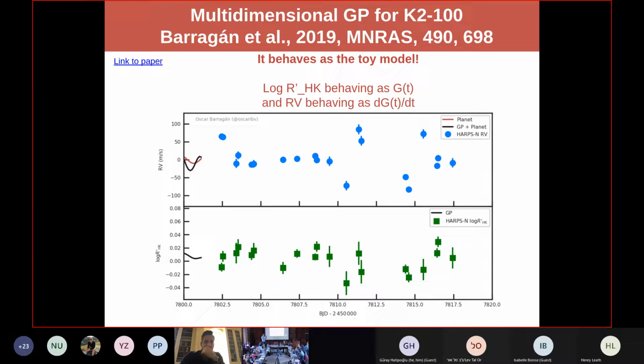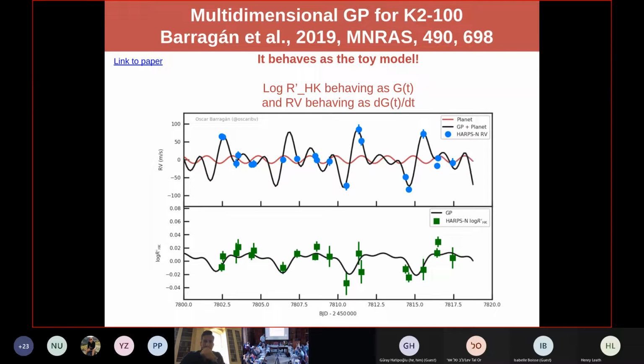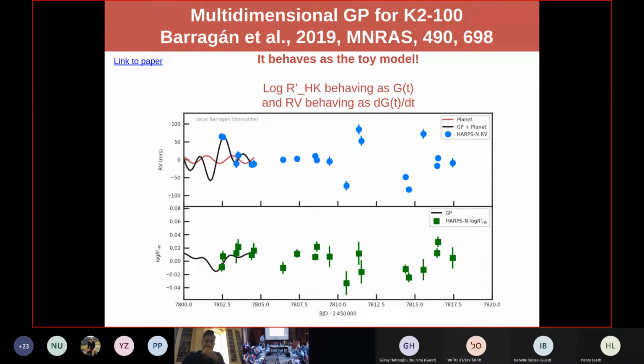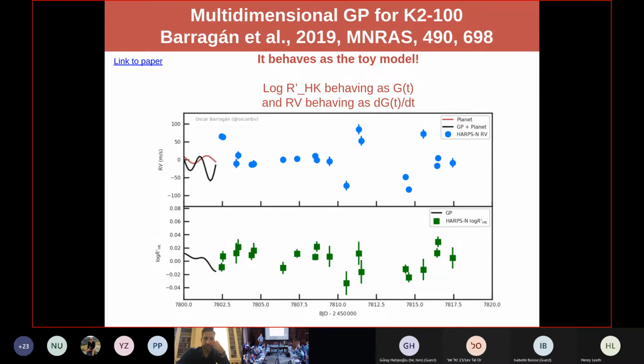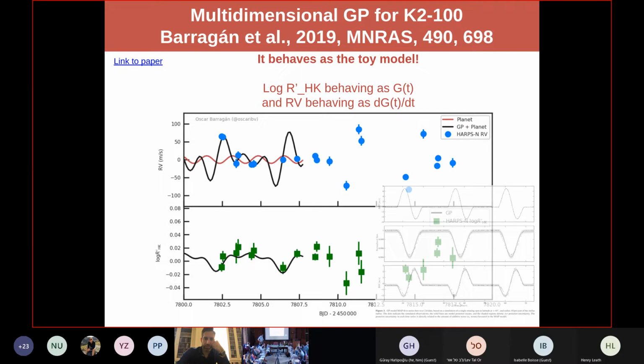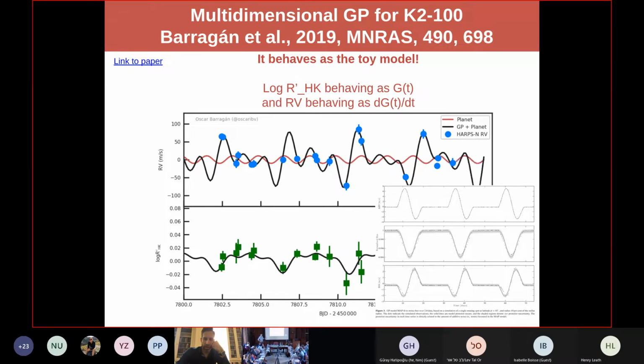I will not go into the details of the planet because this is not the objective of the talk. But something really important here is that we have the activity indicator, which is a photometric-like activity indicator. Here we have the radial velocities. And if you look carefully at this plot, this is an example with real data of the toy model I presented in the first slides.